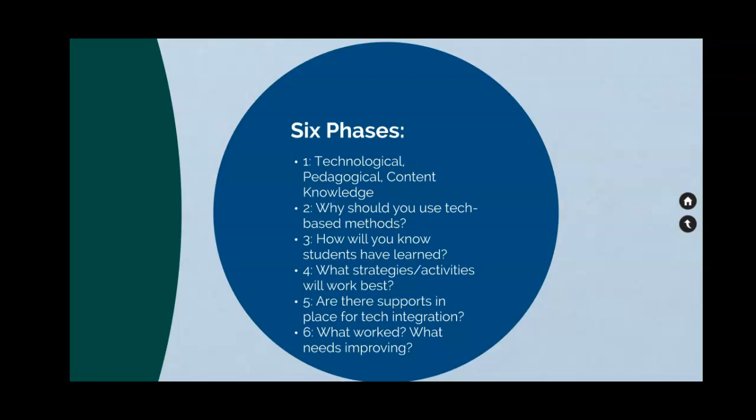And then lastly, phase 6 is what worked in your classroom and what needs improving. When you're trying to implement technology into your class, what worked well with your students or for you, and what can you, your students, or your school do to help you better and more effectively implement technology into your classroom.